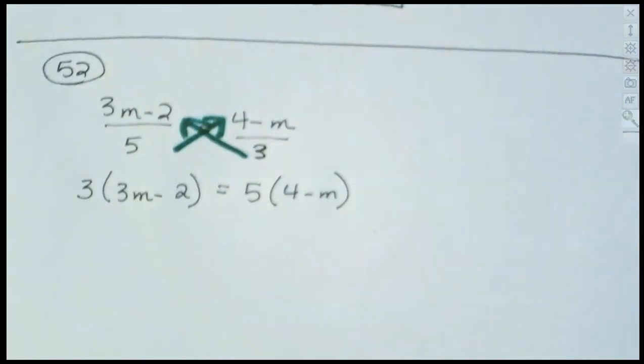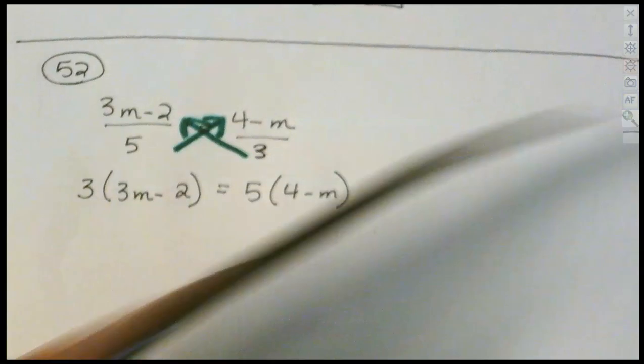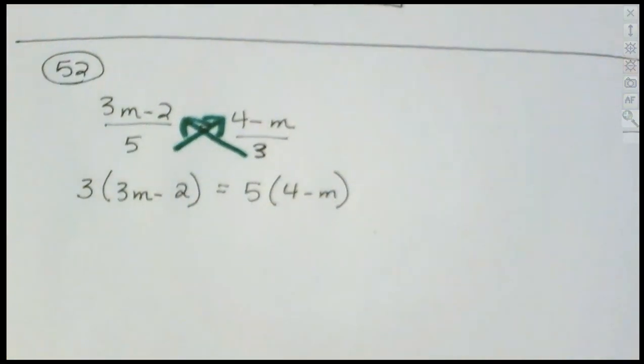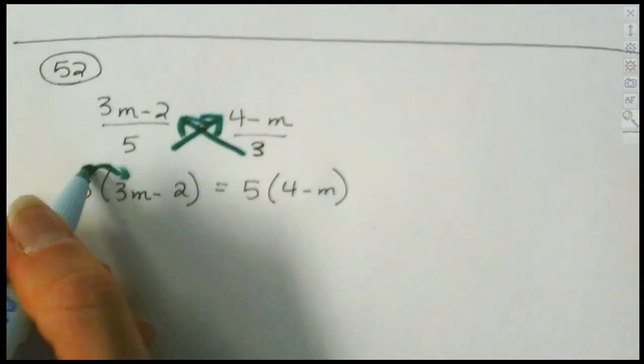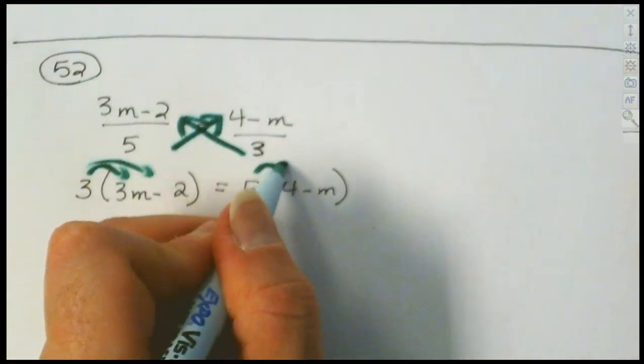I'll slow down a bit so I'm not going too fast here. But you see what we're doing. Okay, we're just cross multiplying. Just form an x. And use parentheses if you need to. Now we can finish it. And we've done a lot of these. So we distribute through the 3 and the 5.